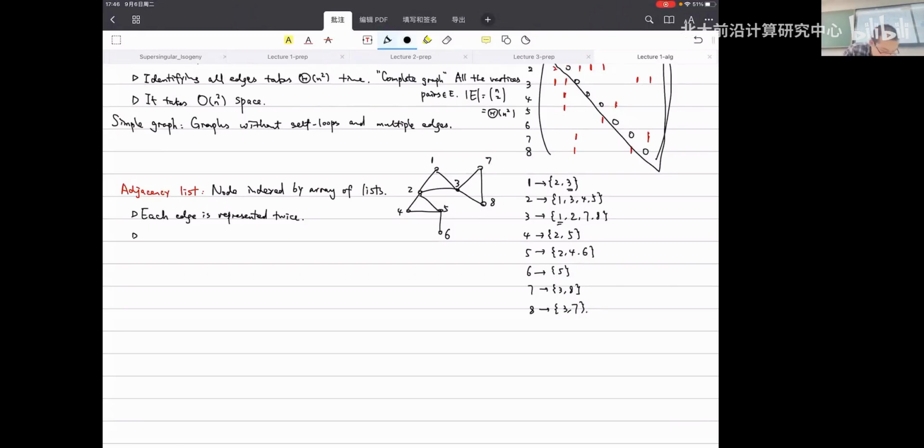And I think the downside of the adjacency list model is that checking whether uv is an edge can take big O of degree of u time, where the degree of u is the number of neighbors connected to u.